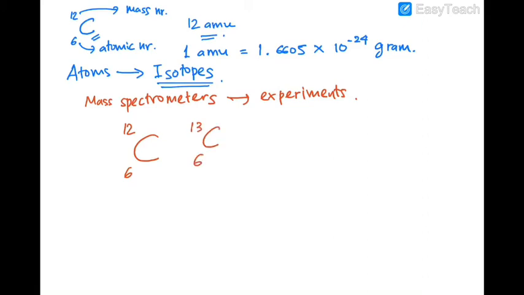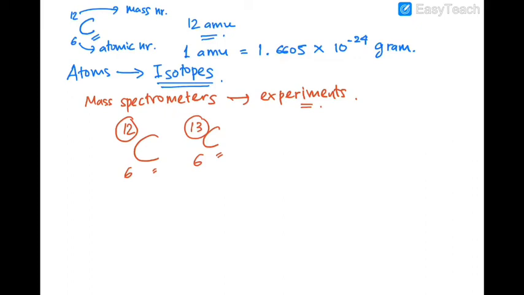So we have a carbon atom that is 12 AMU in mass, but we also have a carbon atom that is 13 AMU in mass. This is based on experiments using these instruments called mass spectrometers.